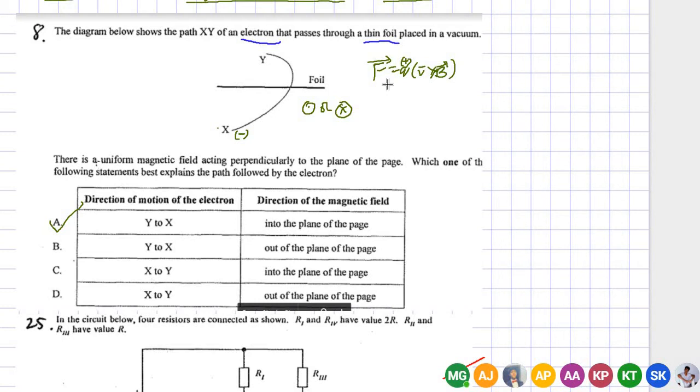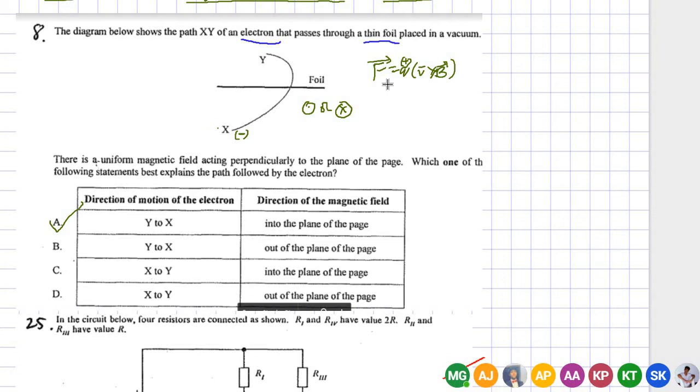So if you do that, one way you can curl your fingers in the direction of magnetic field so that the right hand thumb is towards the left is if your fingers are pointing up. So if your fingers are already pointing up, that means velocity is up. But then if the thumb is already pointing towards left, that is the direction of force on a positive charge. Now you want the direction of force on a negative charge.